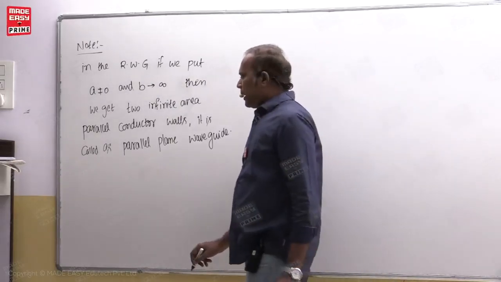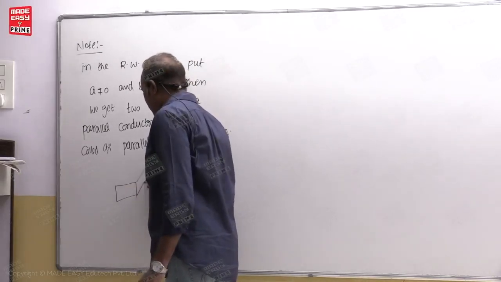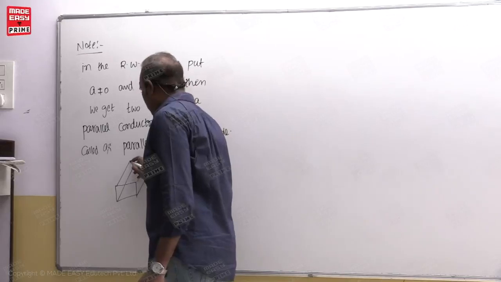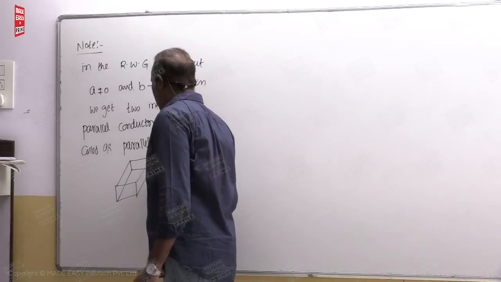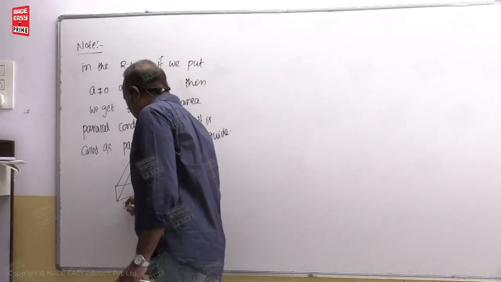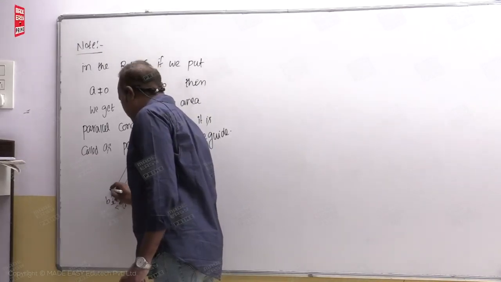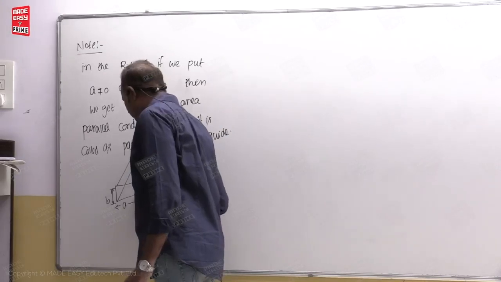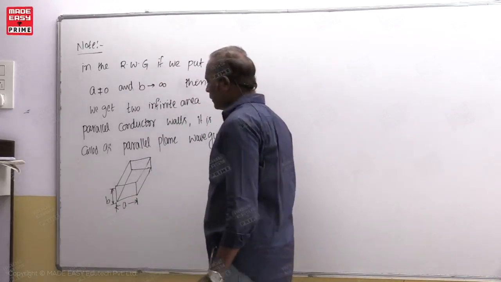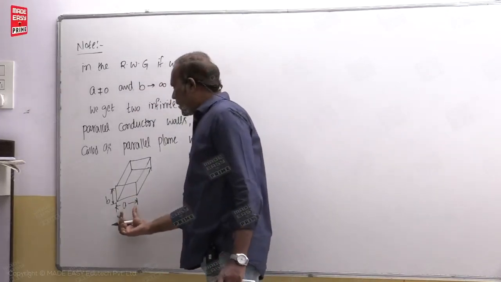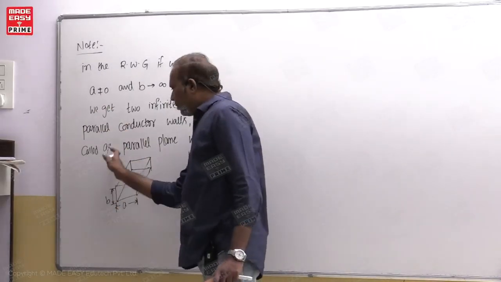So what I was telling you is that this is a waveguide. Here this is A and this is B. Now what I am telling you is A is not 0, which means it is finite. B infinity means the height of this is infinite.